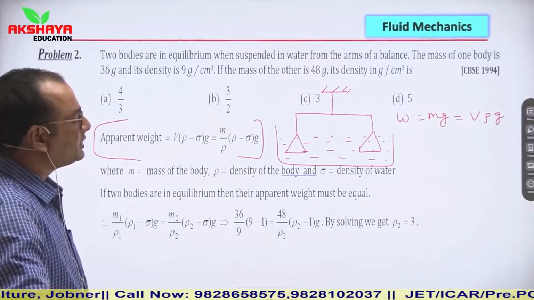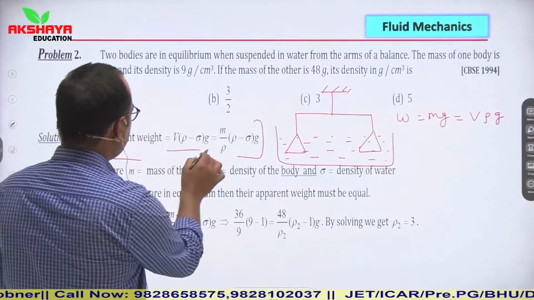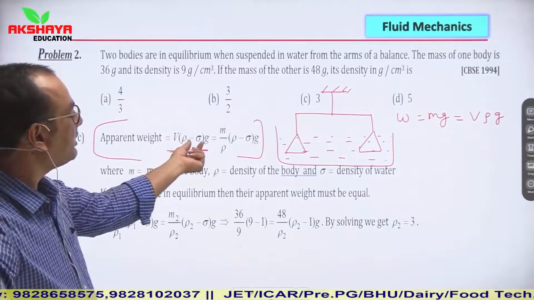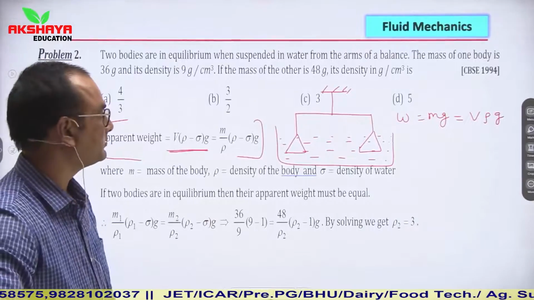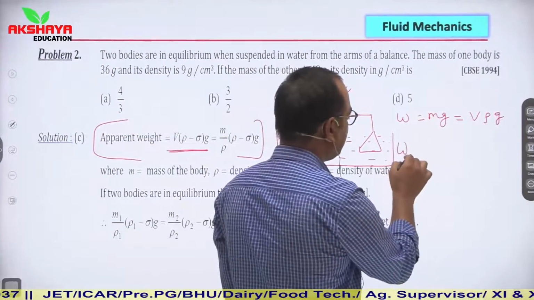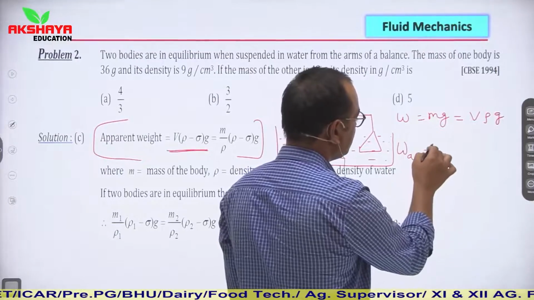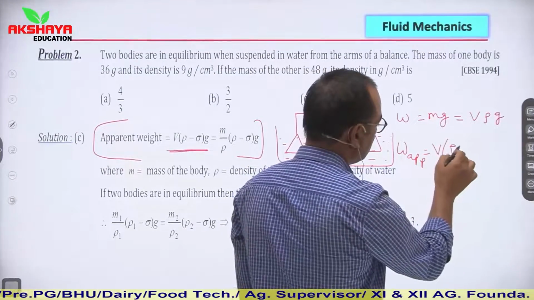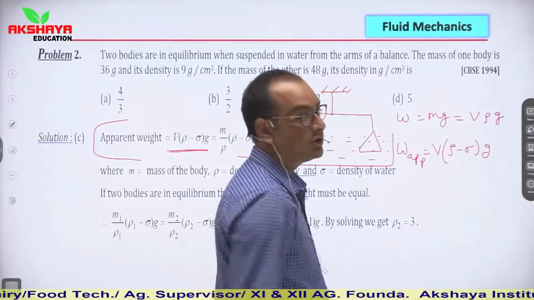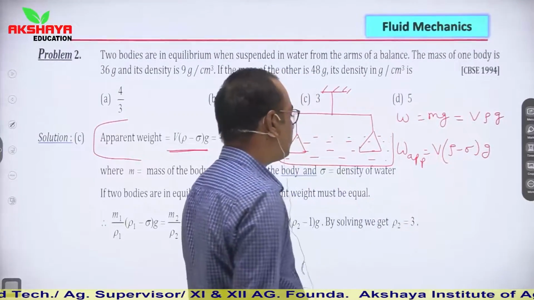So this is the concept of apparent weight: V into rho minus sigma into G. Rho is the density of body and sigma is the density of water if they are dipped in the water. So W apparent is equal to V times rho minus sigma into G.